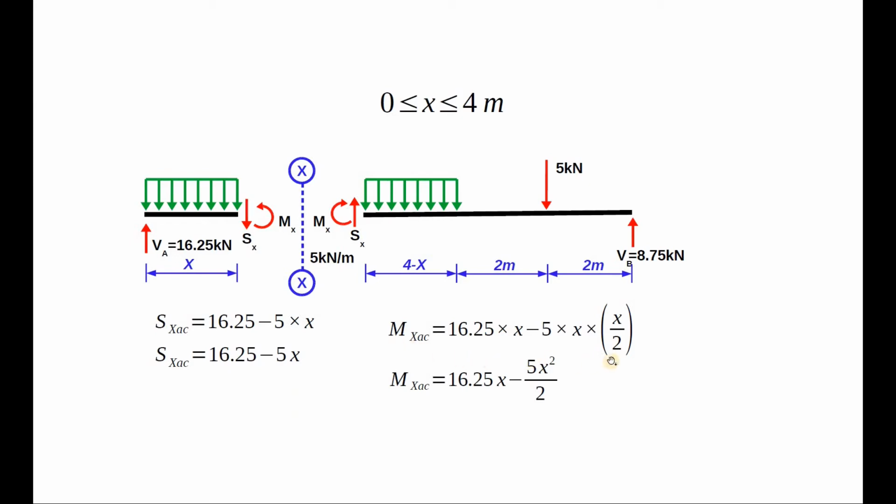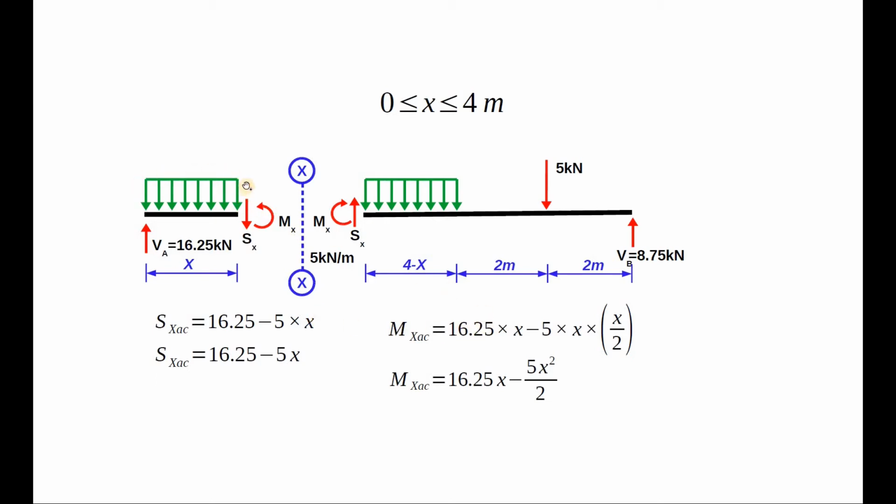Coming to the bending moment equation, you can see that the moment of reaction VA at section X is 16.25 into X: 16.25 for the magnitude of the force and distance X from the support to the section.